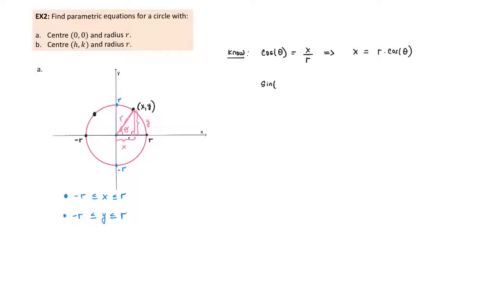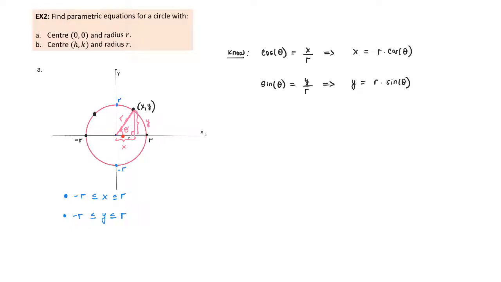Similarly, sine of theta is equal to y over r, which means immediately that y is equal to r times the sine of theta. And here, notice how theta will go from 0 degrees all the way to 2 pi.